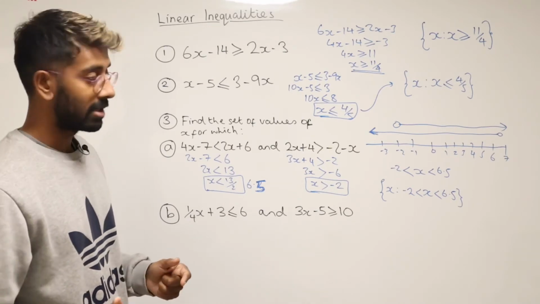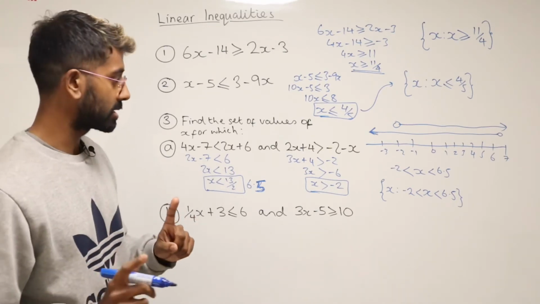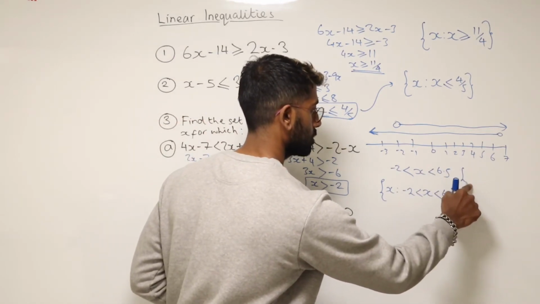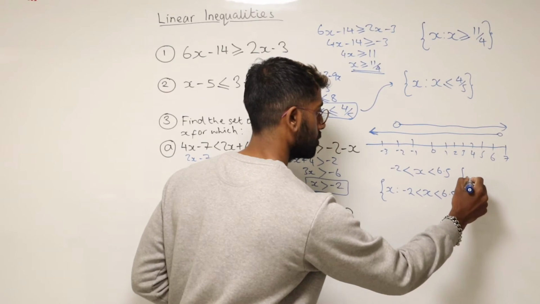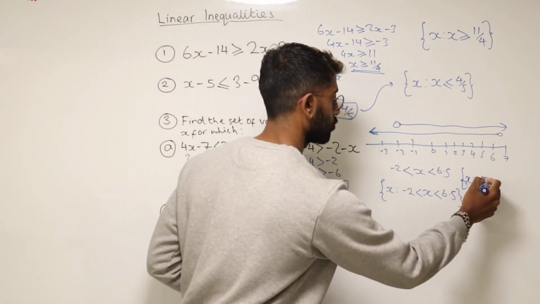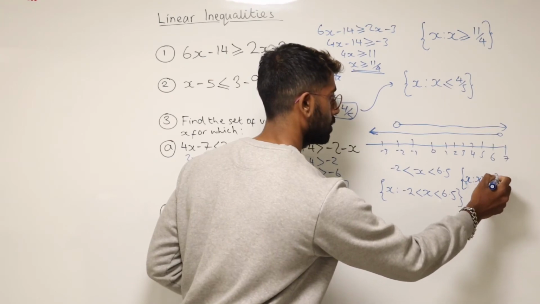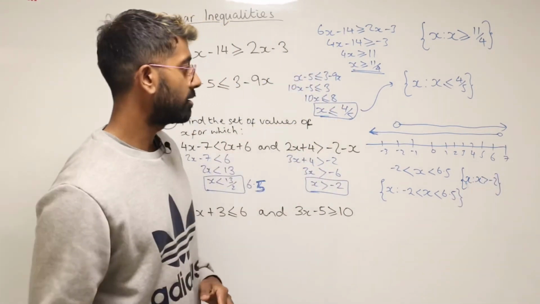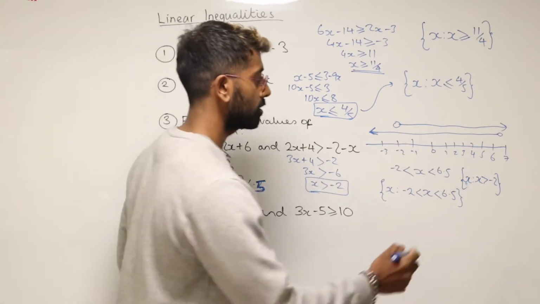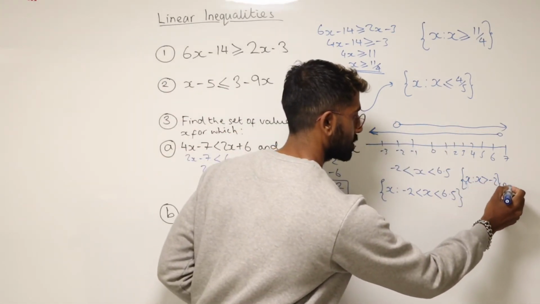You could also put them completely separately if you wanted to. If you wanted to leave them separately, then we could do this. We could say that, oops, it's tricky to draw, the x values there need to be greater than minus 2. And then because this is where the two lines overlap, you can use an intersection sign like this.